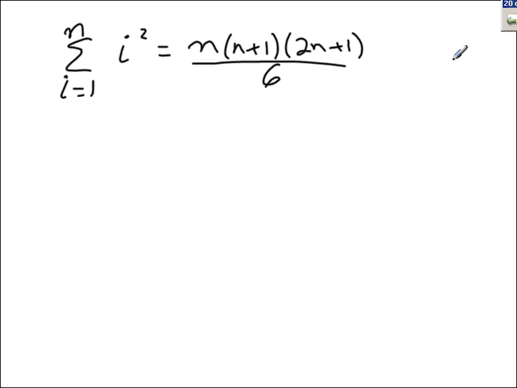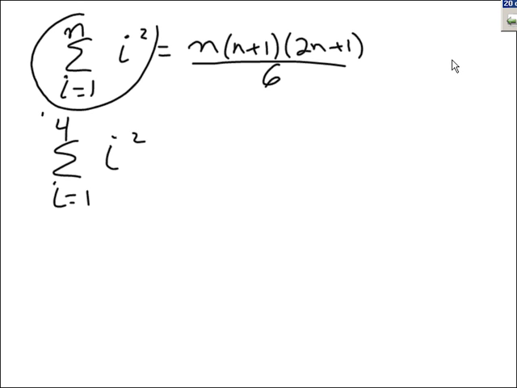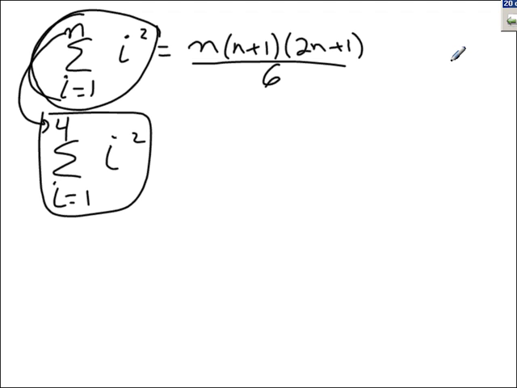So for example, somebody asks you what is the summation as i goes from 1 to 4 of i squared. Well, it looks exactly like what I'm circling on top, except n is 4. So on the right-hand side, here and here and here, we put n is 4. 4 times 4 plus 1 is 5, times 2 times 4 is 8, plus 1 is 9.